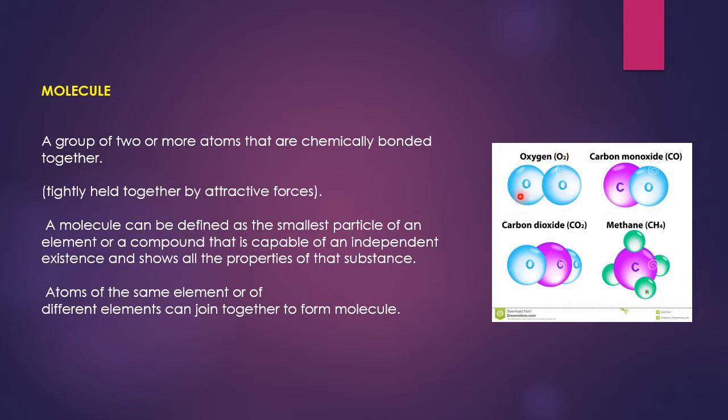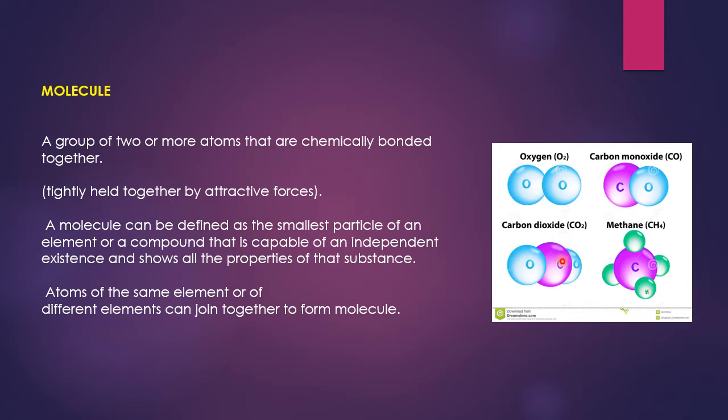Oxygen molecule. Oxygen is an element. So two atoms of oxygen, they combine together and form the molecule of oxygen. Here is another example of carbon dioxide. Carbon dioxide is the compound that is formed when carbon and oxygen react together.